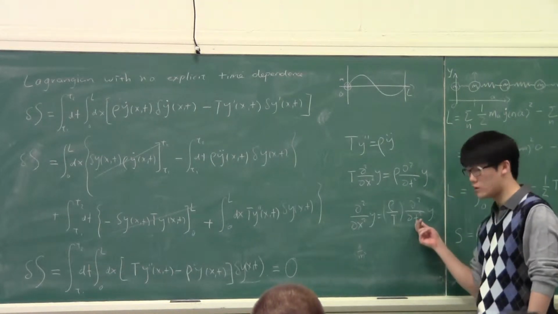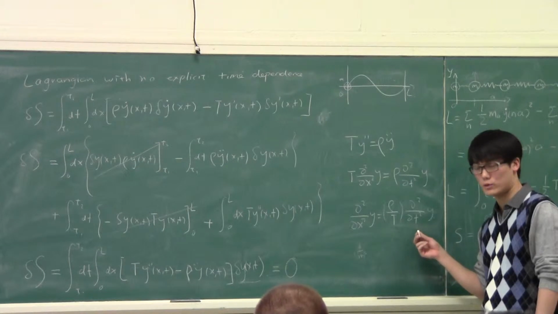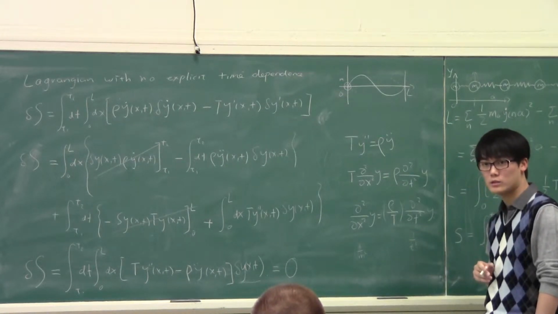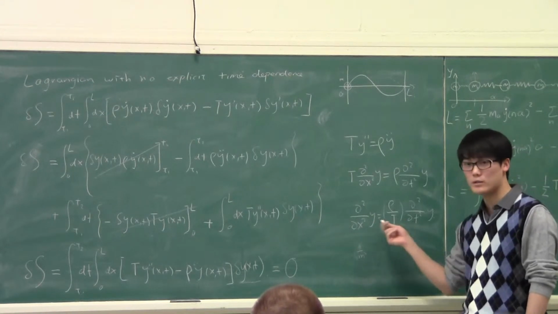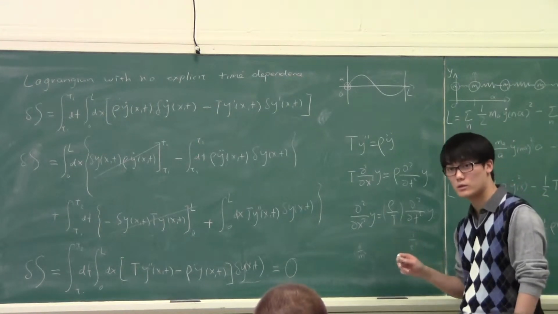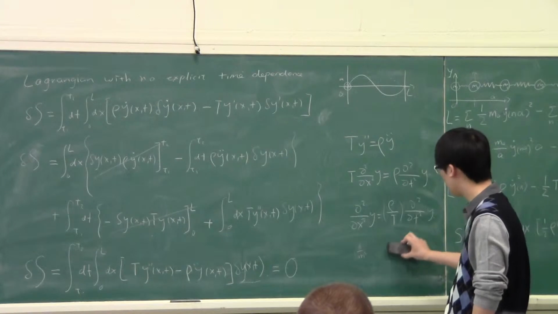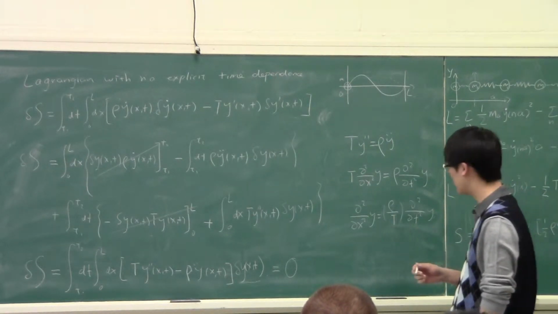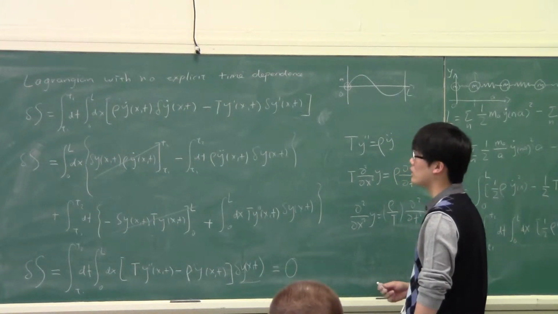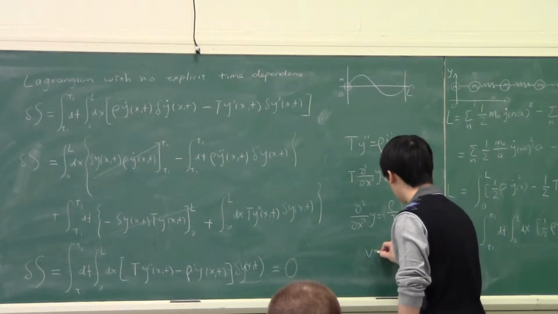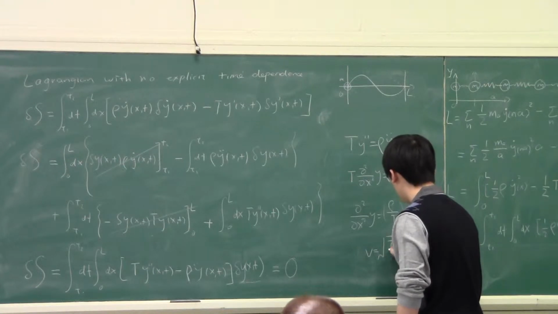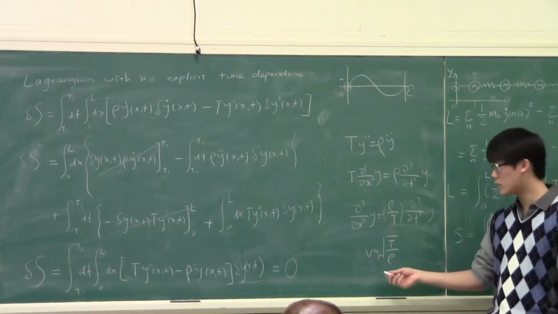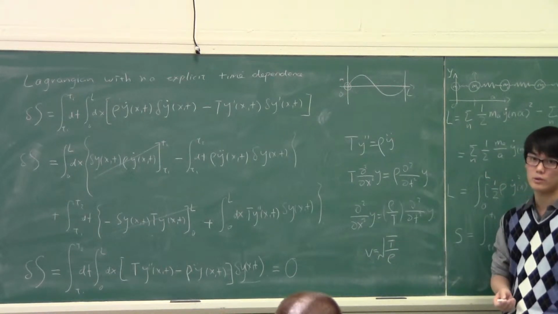But over here, we're taking the derivative with respect to time twice. So there is something over here that's 1 over t squared. Right? So the conversion factor between them must be 1 over velocity squared. So we conclude that this rho over T thing is some kind of inverse velocity. Okay, so we can define the velocity to be the square root of T over rho.